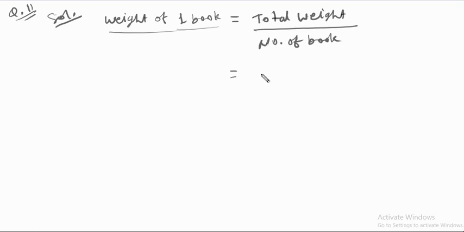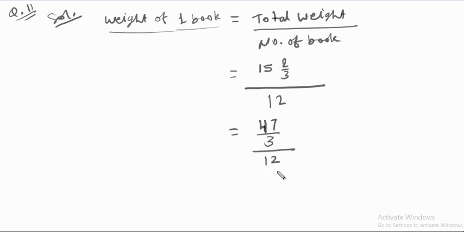Now divide total weight, here 15 2 by 3, upon the number of books, here 12, right? Now let us solve this. 15 3s are 45 plus 2 is 47 upon 3, and upon this 12, right?